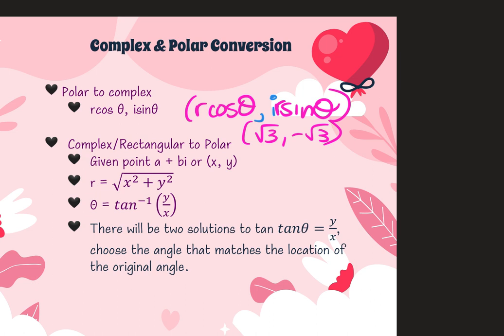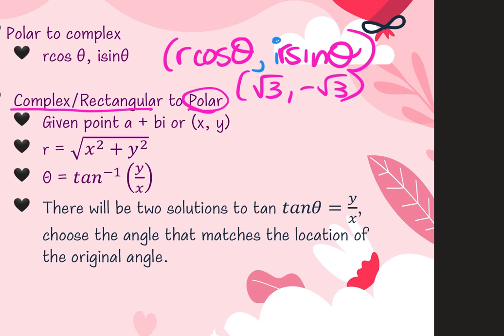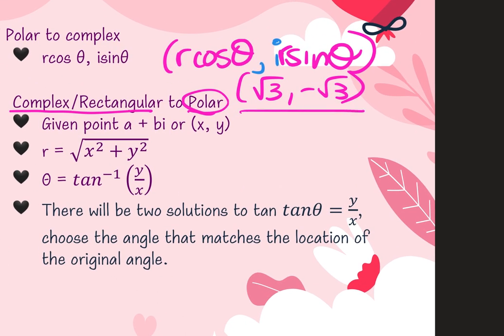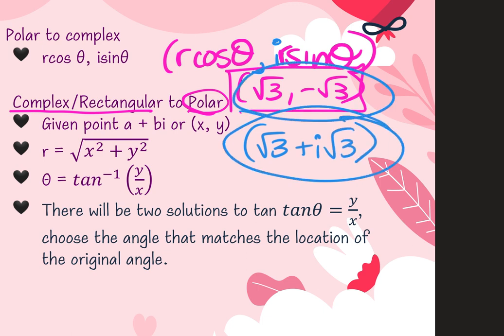Then if I'm going the other direction, from complex or rectangular into polar, you're going to be given a coordinate point, and it might be something like this, or it might be something like √3 plus i√3. So this one is complex, and that's rectangular, but they're basically the same thing. You'll get given a coordinate point or a complex number, and it wants you to get the r and the theta.